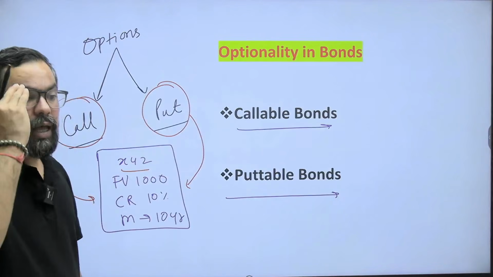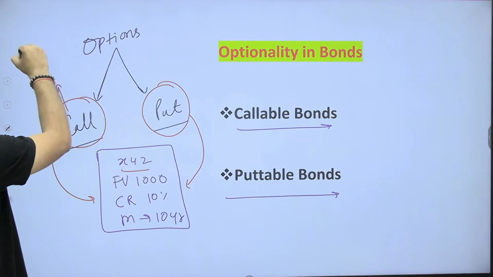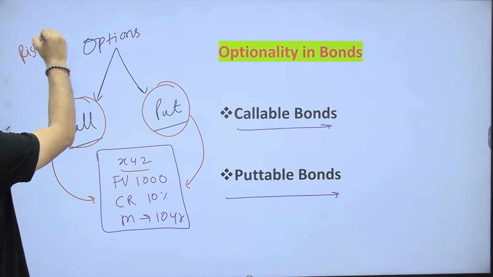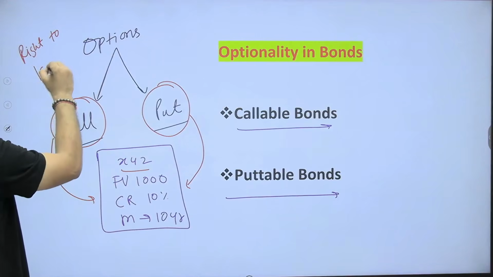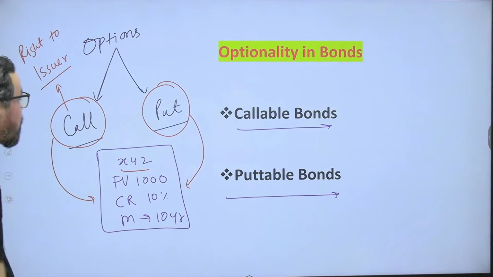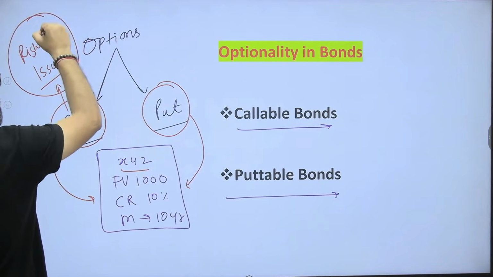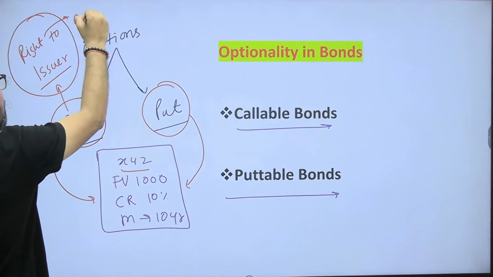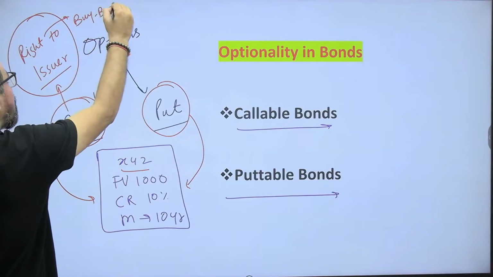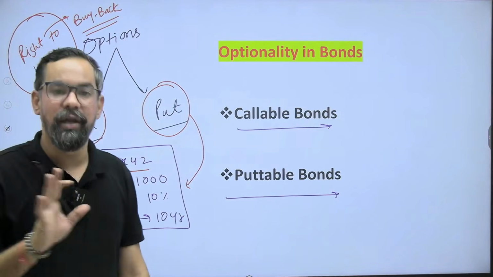Callable bonds generally give the right to the issuer of the bond. Issuer means in our case XYZ Limited. What right do they get? A right to buy back that particular bond. Buyback means to redeem that particular bond from the market after a specified time duration.